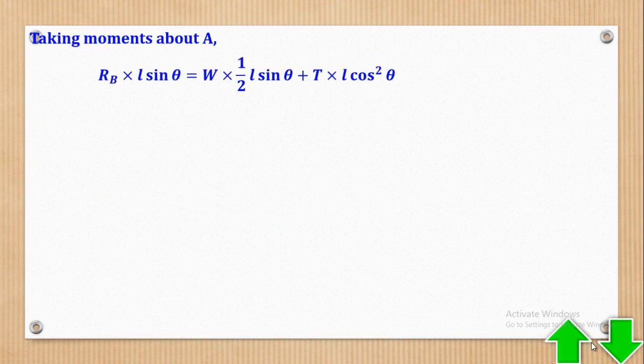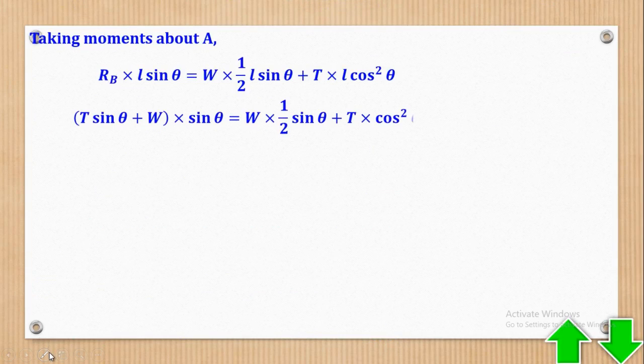So now next is to simplify. Remember, we already saw under the part of resolving that RB is T sine theta plus W. So we shall substitute for RB, which is that. Then next we shall realize that L is common, so this L will cancel, this L will cancel, and this L will cancel.